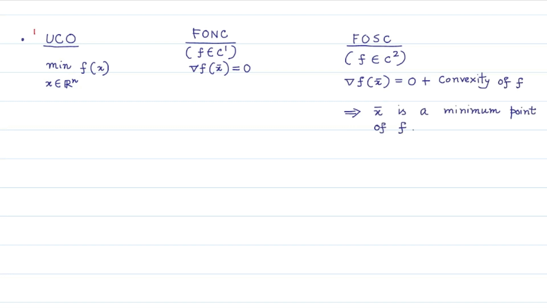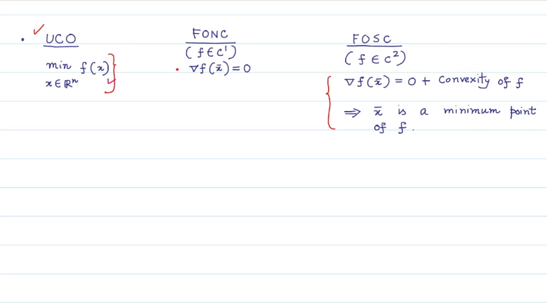So the first order necessary condition is that x bar must be a stationary point, and the first order sufficient condition is that if x bar is a stationary point plus the objective function f is convex, then these two conditions together imply that x bar must be a minimum point of the function f.